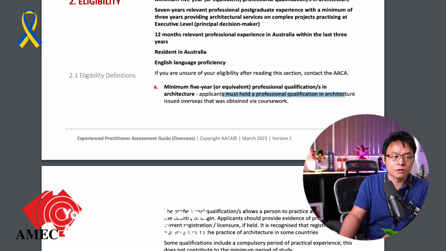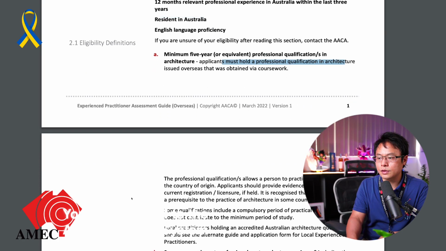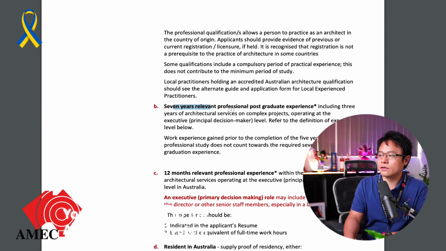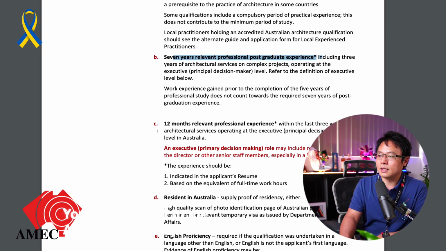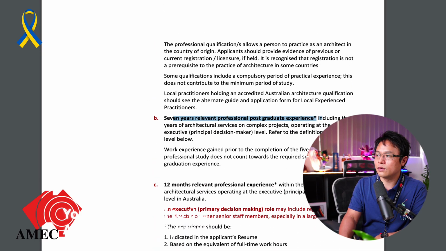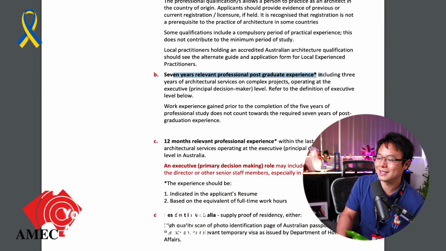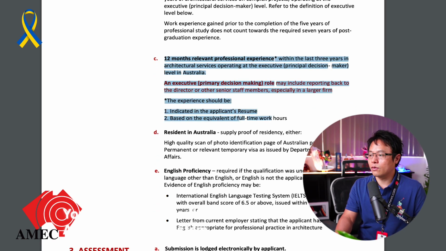Obviously, you don't become an architect without a registration in any country nowadays in this modern world. Or 7 years of your professional post-grad experience. So you either meet this one, or perhaps some of them all together. So that's basically how they qualify you.